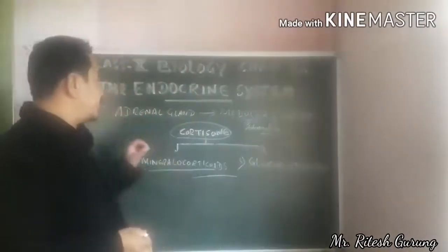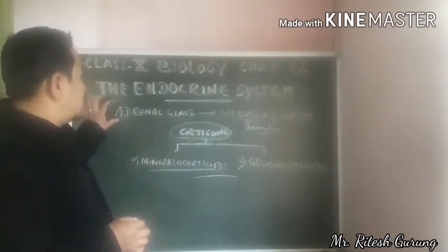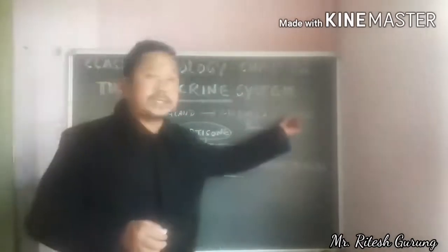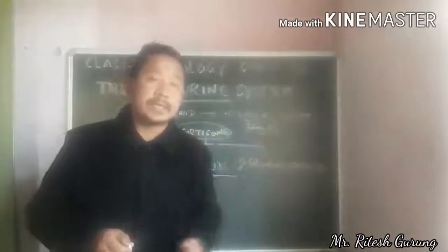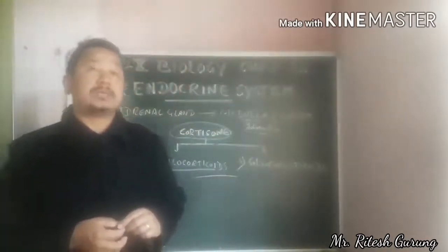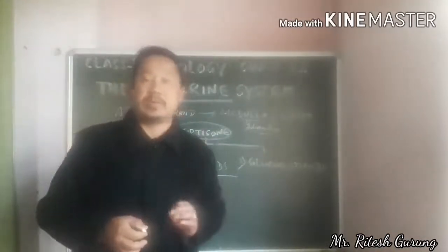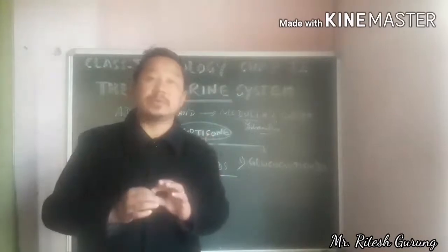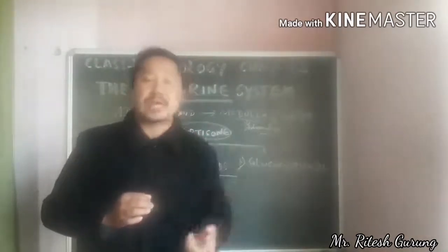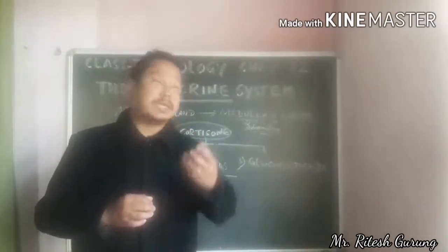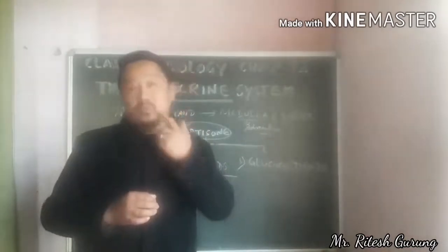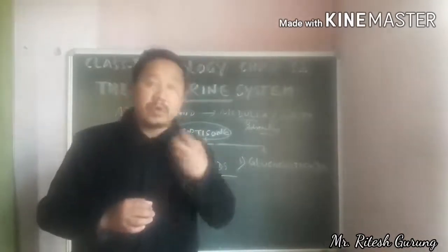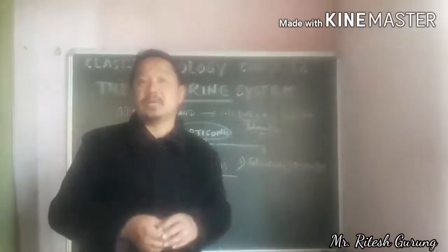If there is an overgrowth of adrenal cortex in a mature female, then she will develop some secondary sexual characteristics of a male, that is, having a beard, mustache, deep voice like males.